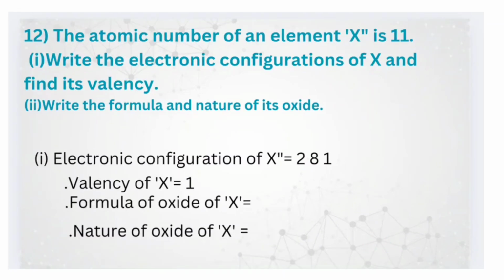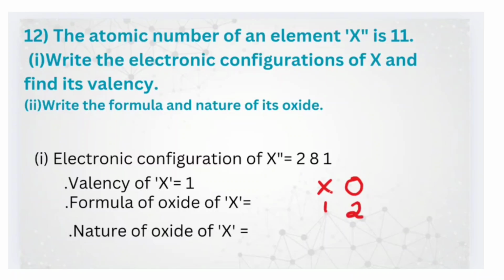Then we have to find out the formula of oxide of X. The formula depends upon the valency of both X and O. First of all, we write the valency of X, that is 1, and the oxide, that means oxygen, has valency 2.